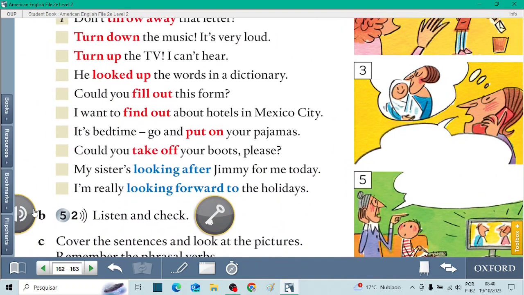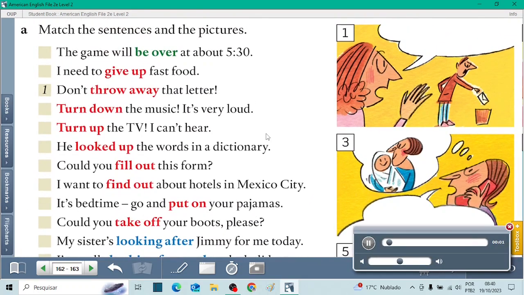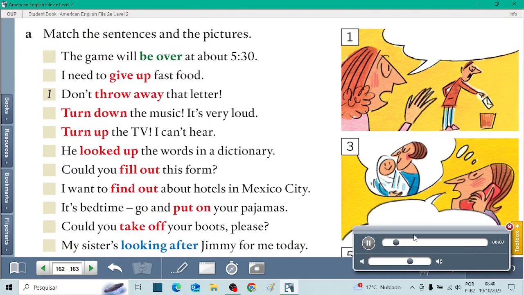Great. Now listen and then check your answers. 5.2 Phrasal verbs. 9. The game will be over at about 5:30. 4. I need to give up fast food. 1. Don't throw away that letter. 10. Turn down the music. It's very loud. 5. Turn up the TV. I can't hear. 7.